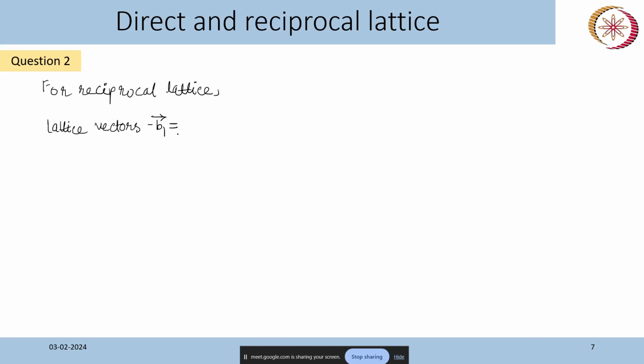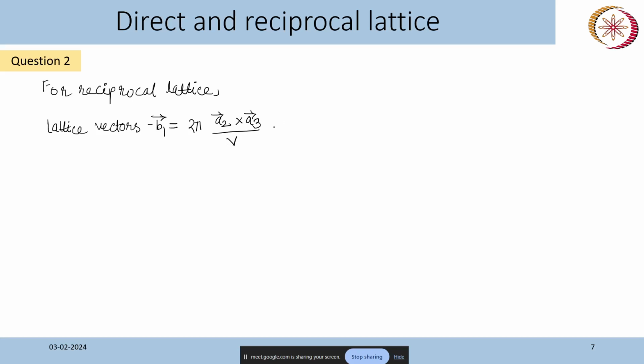This is a vector. And for reciprocal lattice, how do we calculate the lattice vectors? So the formula is 2 pi A2 cross A3 by the volume of the direct lattice.